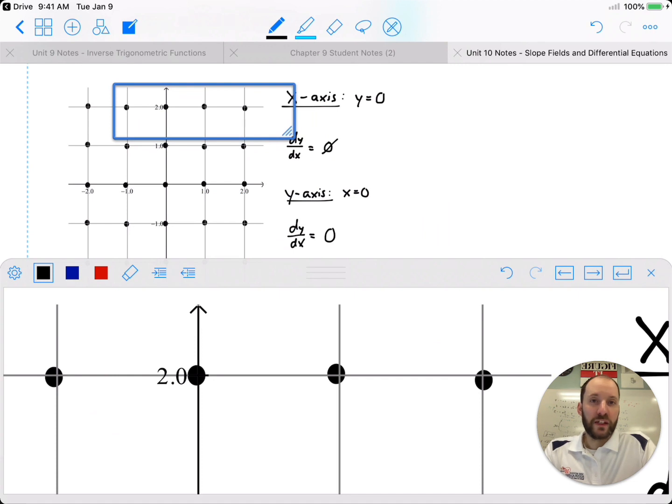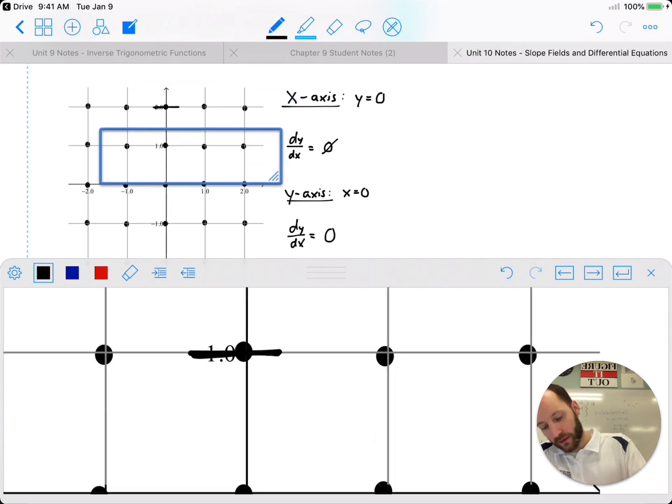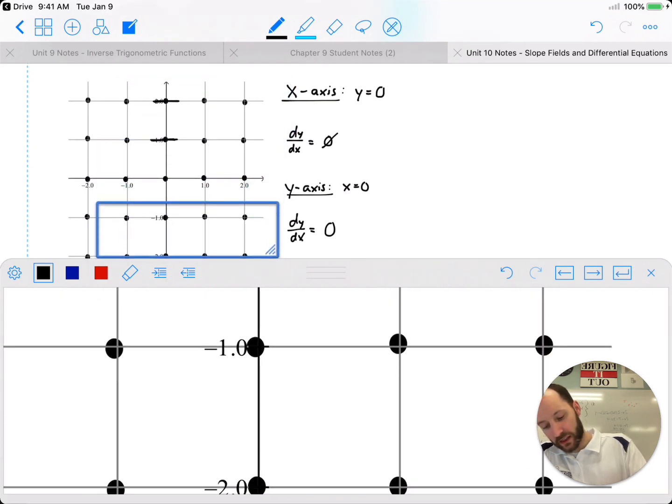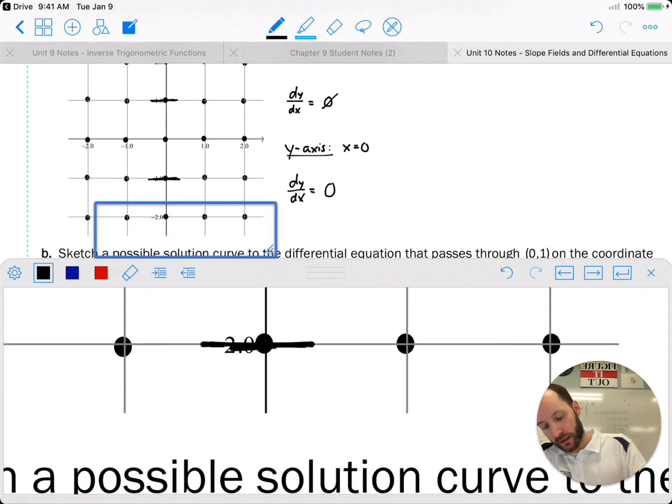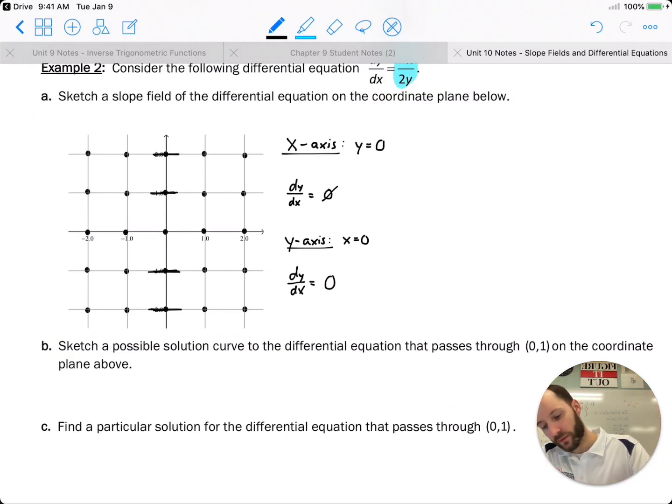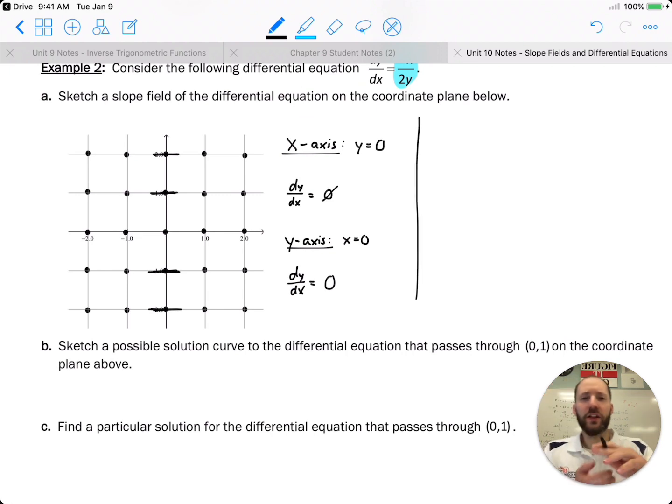So at every point at the y-axis, except the origin, because the origin is shared with the x-axis, which is already undefined, put a little horizontal hash mark. Because at the y-axis, slope should be 0, so horizontal line. And then go by quadrant, filling it in.